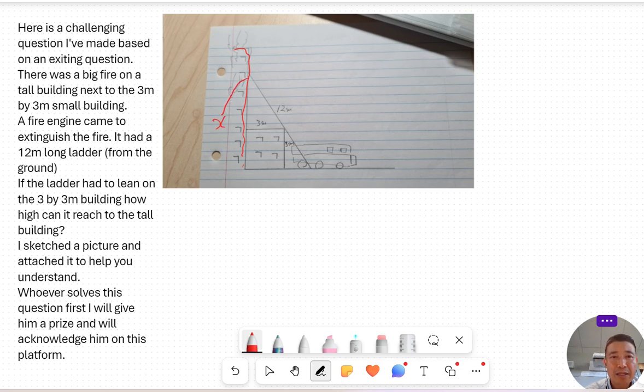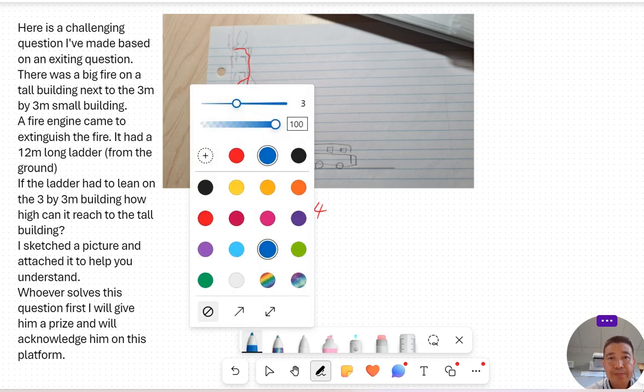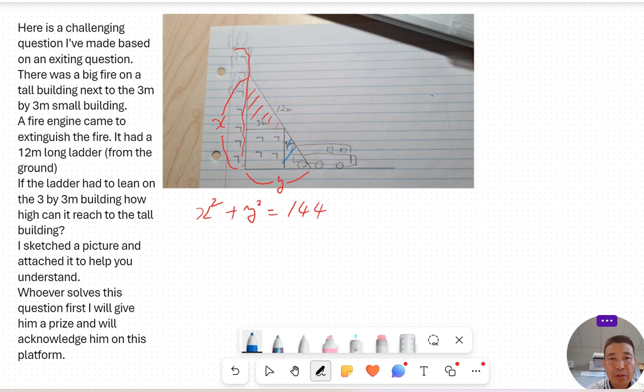So this height is x, the one we want to know, and the base, let's say y, right? So one thing we know is, according to Pythagorean theorem, x squared plus y squared is 12 squared, which is 144. Now, do you see this red triangle and this blue small one? They are similar triangles, isn't it?